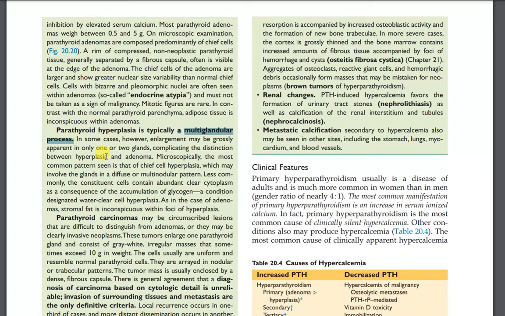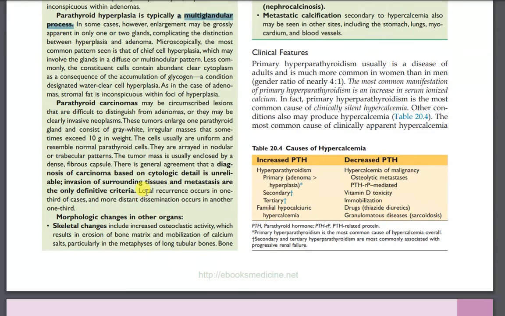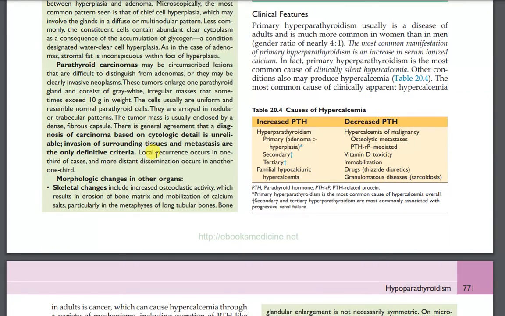But hyperplasia is when it's an overstimulated gland, so it leads to growth of all the parathyroid glands. Carcinoma very rarely happens, and actually we can skip it.